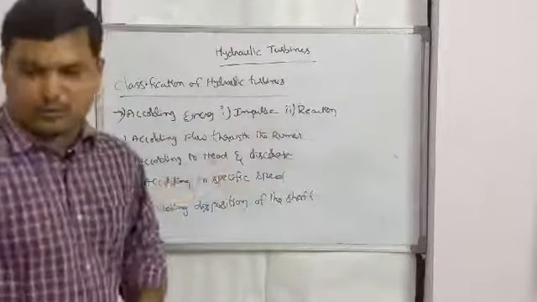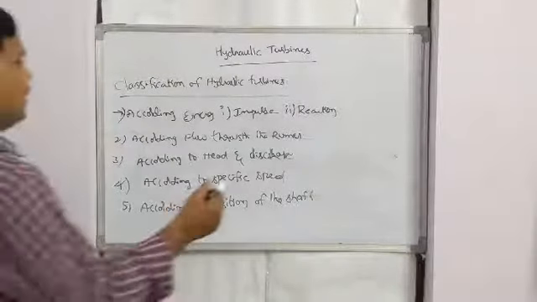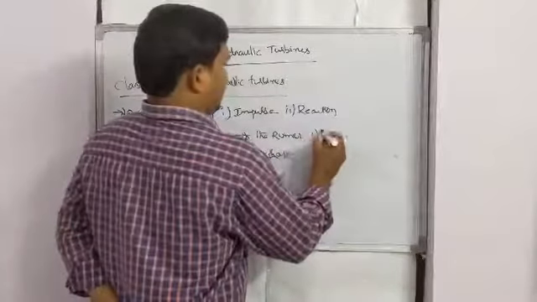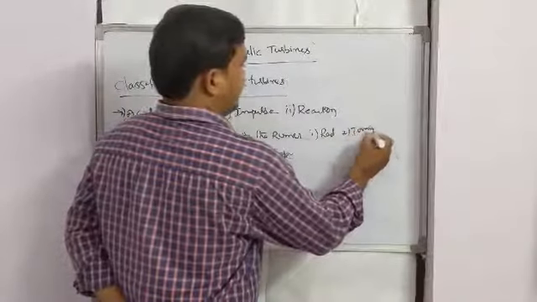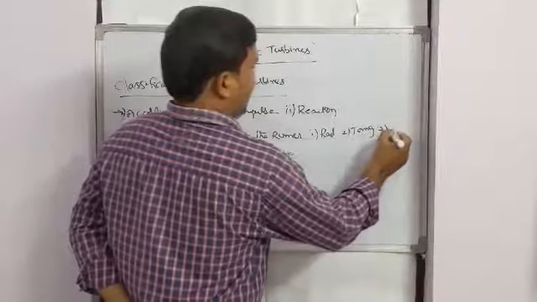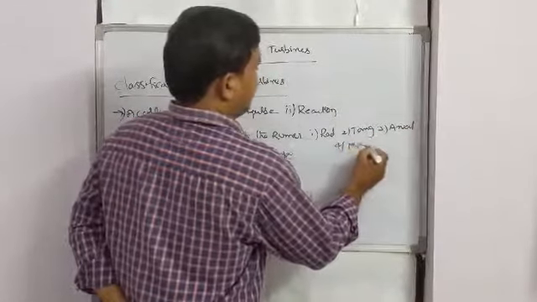According to the flow through the runner, we can classify as radial flow, tangential flow, axial flow, and the fourth one is mixed flow.